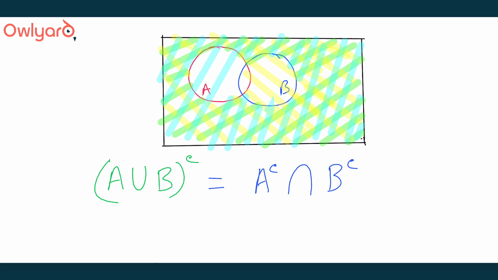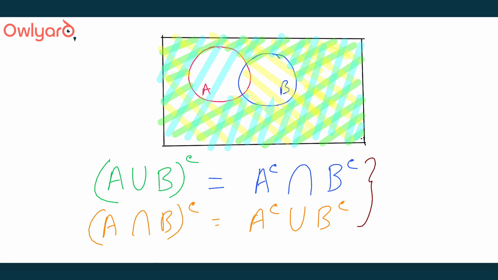Similarly, and this is your homework exercise, you can also show that A intersection B complement is A complement union B complement. Now these two are a very important result in set theory, often termed De Morgan's law.